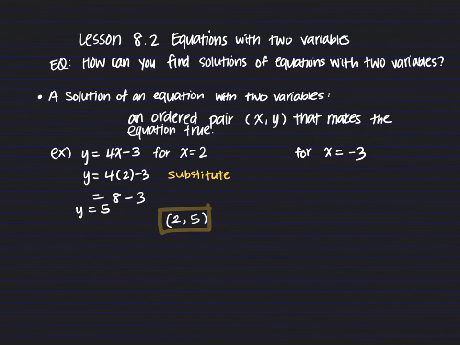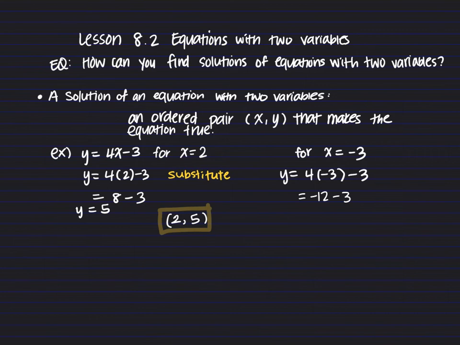Same thing, I'm going to first substitute, and if you notice, I put parentheses around my negative 3 because I have to multiply 4 and negative 3. If I write them without the parentheses, I may actually subtract them instead, so you have to be careful. So 4 times negative 3 gives you negative 12 minus 3.